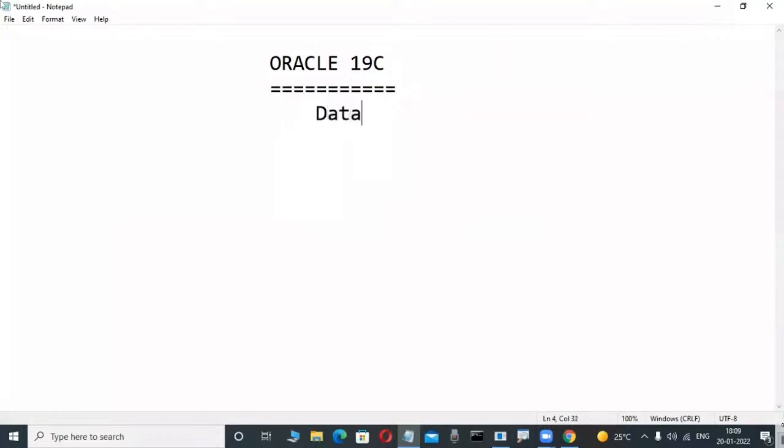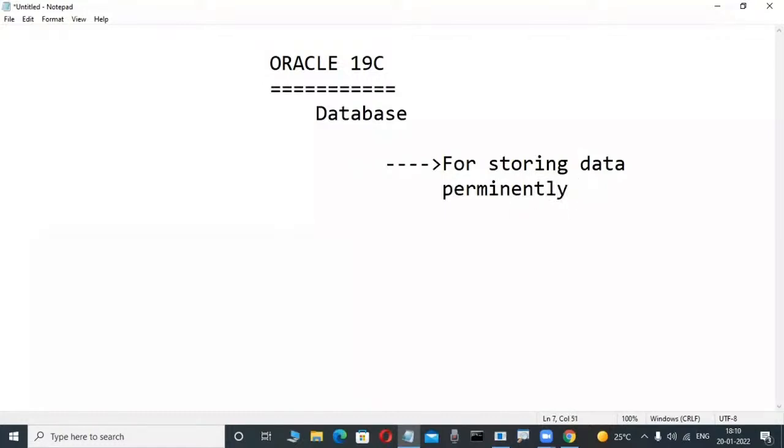Database. Don't write anything, just observe. But what is the purpose of these database products? Everyone knows, whenever we install these database products in our system or on the company side, the main purpose is storing data permanently in secondary storage devices.